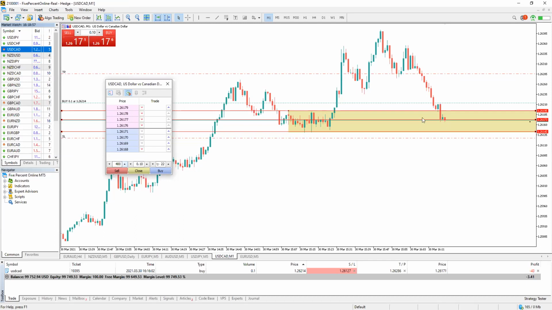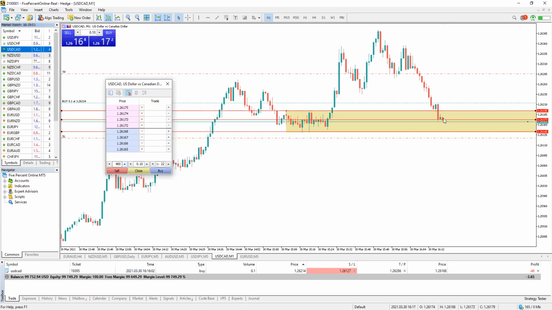See how prices are holding, that line right there.